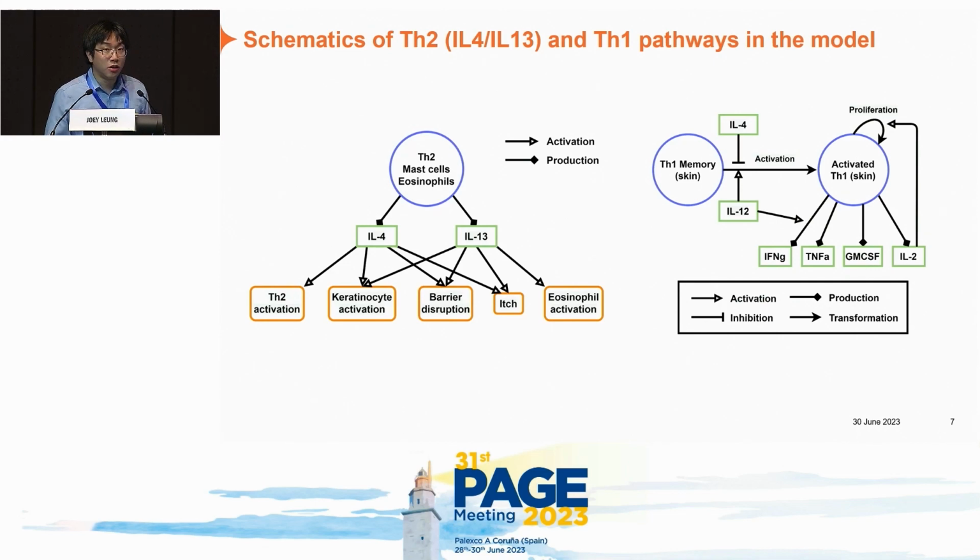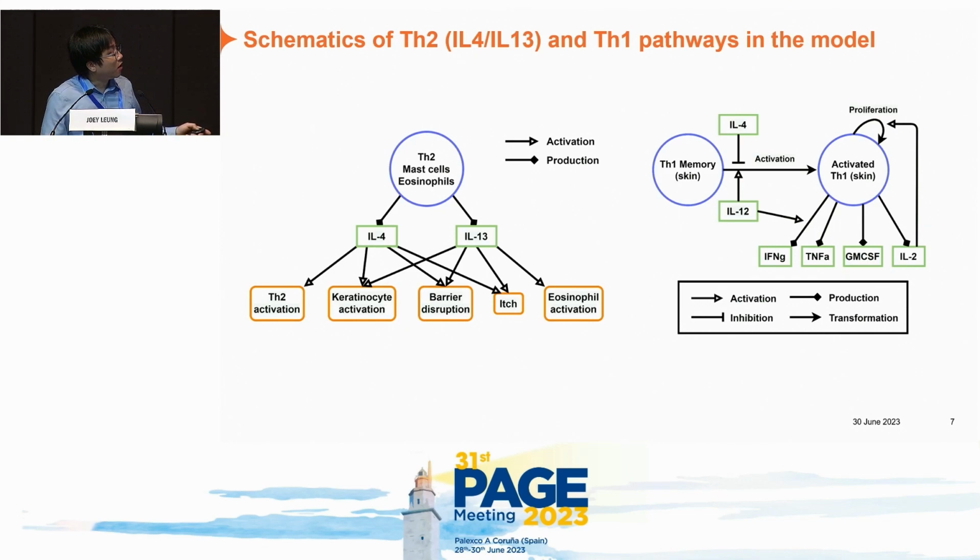And they can lead to a range of downstream effects, including more activation of Th2, activation of keratinocytes, disruption of skin barrier by the downregulation of certain barrier proteins, and induction of itch via sensitizing neurons, and activation of eosinophils.